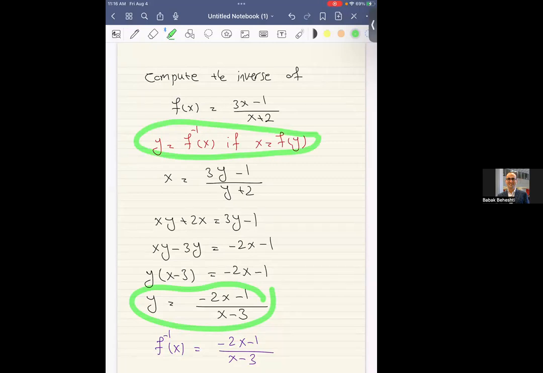A very important example of an inverse function, besides these examples, a very typical example is exponential and logarithm.